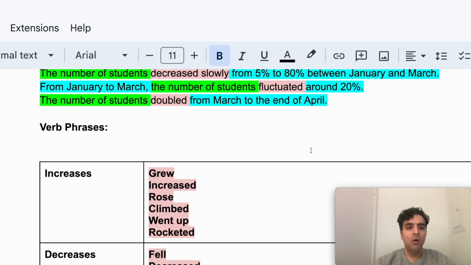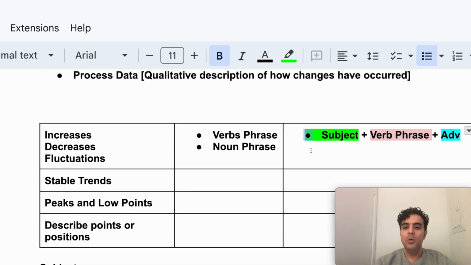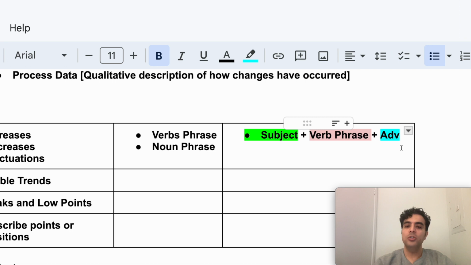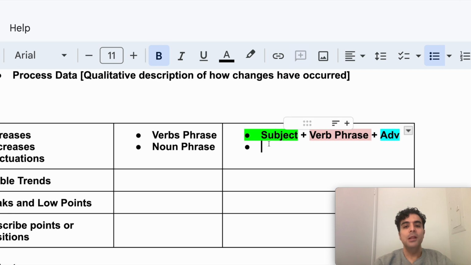Okay, so far we have covered one structure, but if you remember, we actually have two. The first structure was the subject, verb, verb phrase, adverb structure. This time we're going to follow the noun phrase structure, and the noun phrase structure has a fixed component.